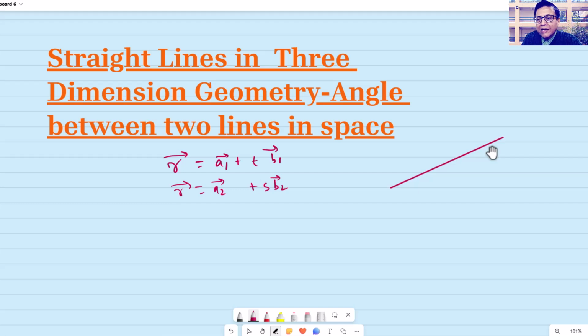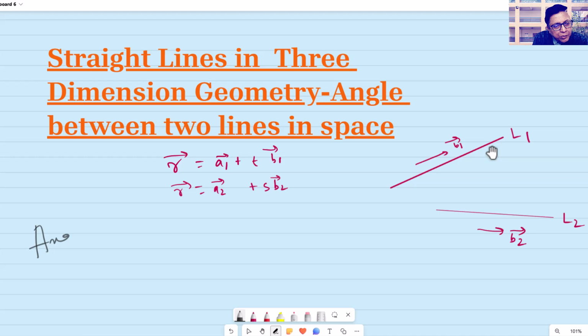The first line is directed along the vector b1, this is L1. The second line is directed along the vector b2. So, when the problem is to find the angle between two lines, don't you think that it is the angle between the two vectors b1 and b2?